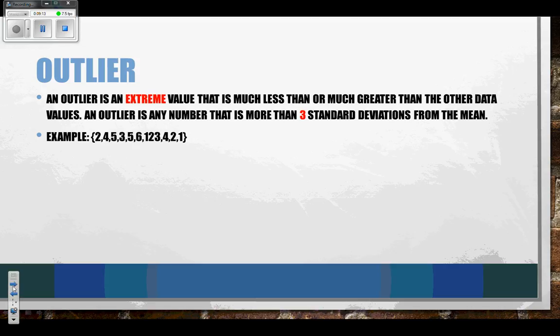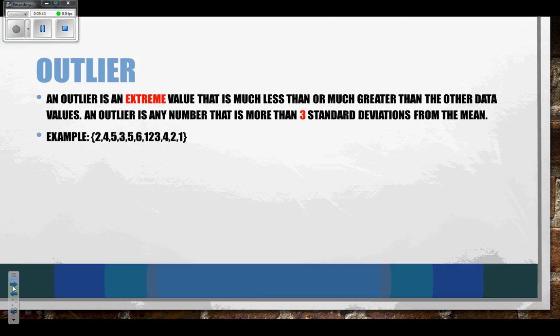The last thing that we're going to talk about today is called an outlier. An outlier is an extreme value that is much less or much greater than the other data values. An outlier is any number that is more than 3 standard deviations from the mean. Now, do not assume that just because one number is very, very large or very, very small compared to the other numbers, that it's an outlier.